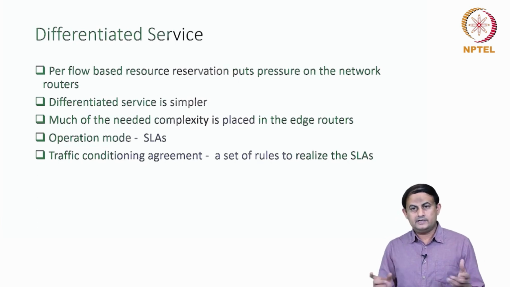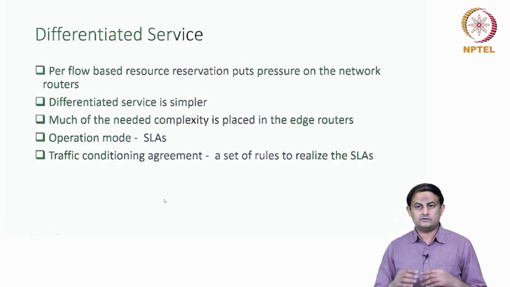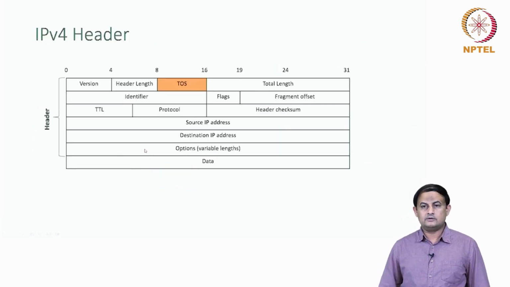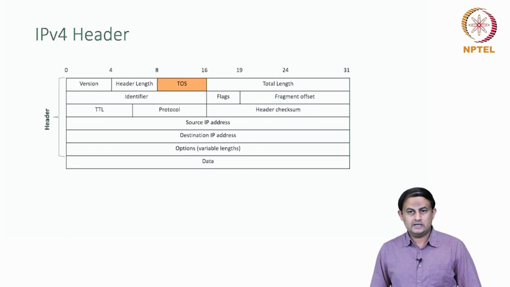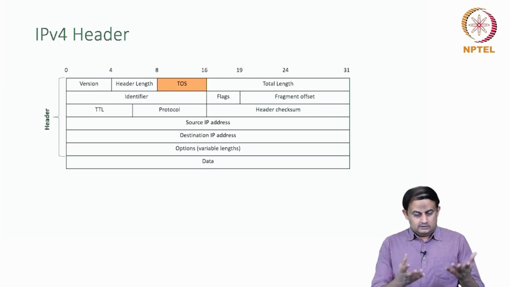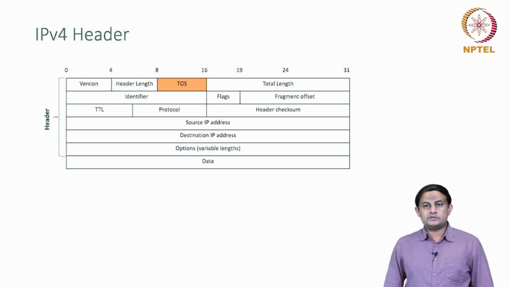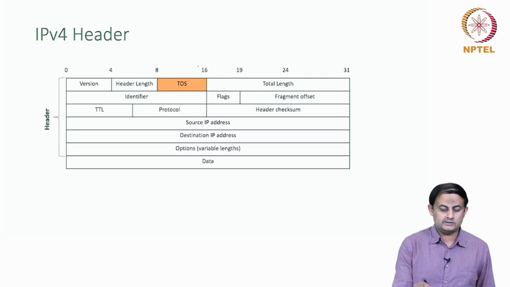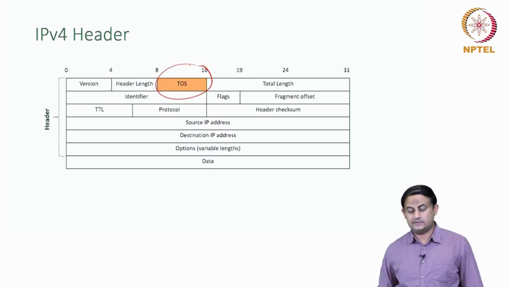We will look into the details of how these code points and other differentiation look like, and how the marking is done. Before that, let's look at the IP version 4 header and carefully examine where exactly this marking is put. Here is a picture of the IP version 4 header, and there is one field of interest to us, which is called the type of service.